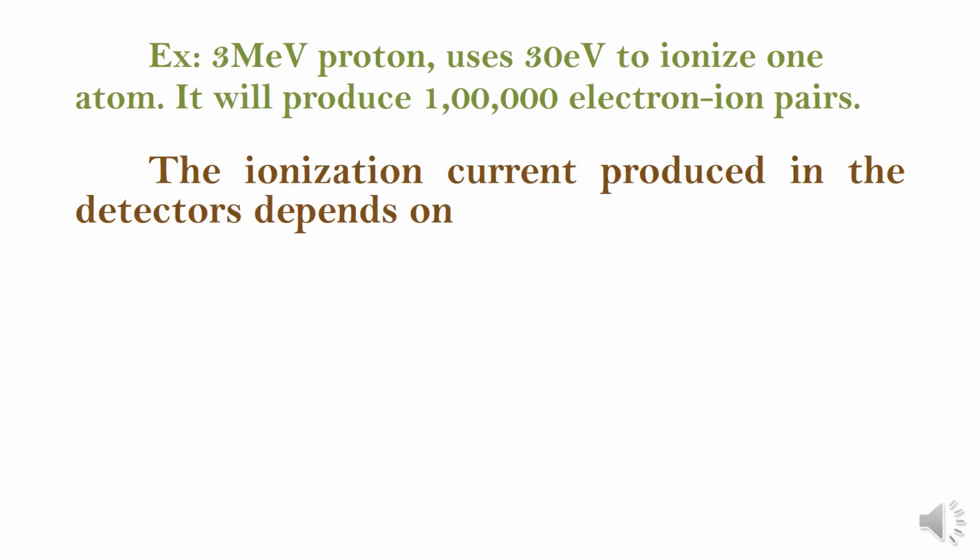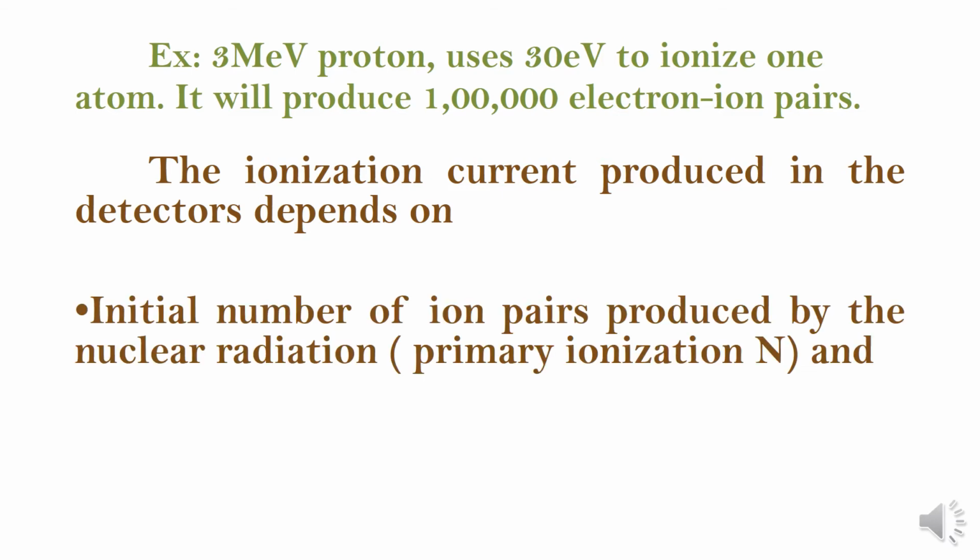And the experimental results show that the ionization current produced in gas filled ionization detectors depends upon 2 factors. One is the ionization current I. It depends upon the initial number of ion pairs produced by the nuclear radiation.